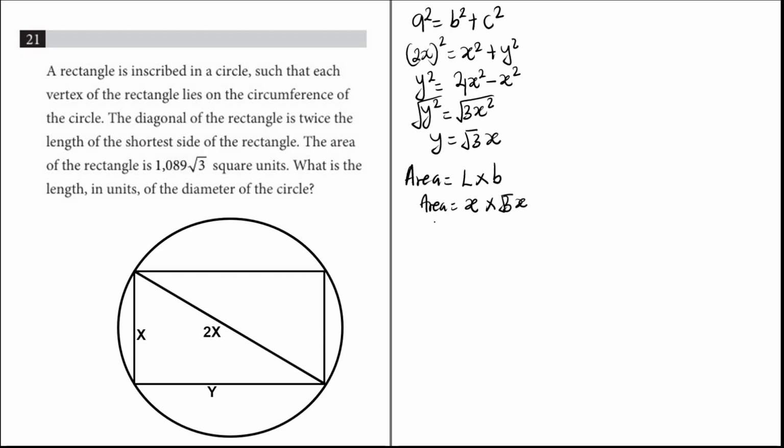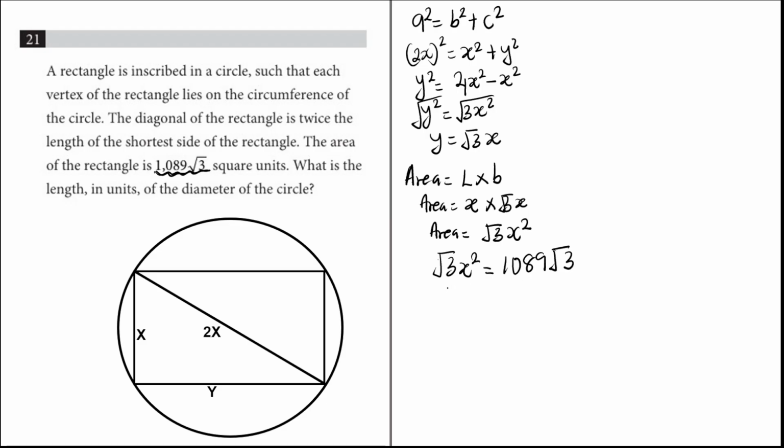So this will give me that the area is equal to root 3 x square. So we have gotten root 3 x square, and we are going to equate it to what we have here. I'm going to have root 3 x square is equal to 1089 root 3.